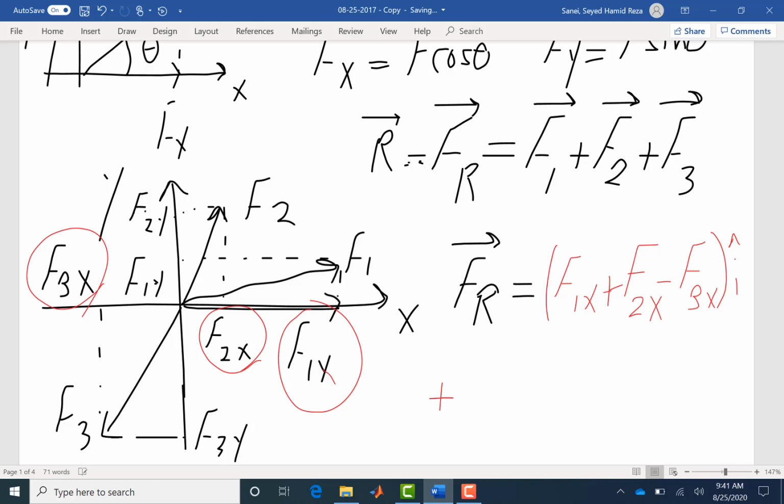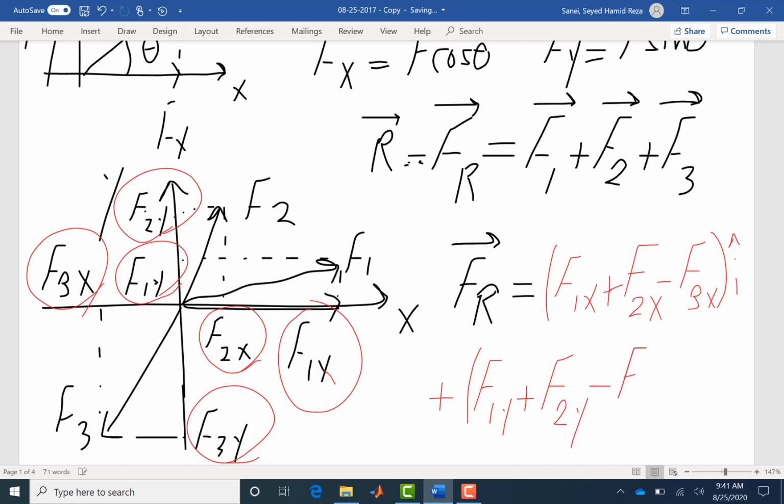Similarly for the y direction, I have F1y, F2y, and F3y. These two are in positive y, and F3 is in the negative y. So I add F1y plus F2y minus F3y, and the unit vector is j.